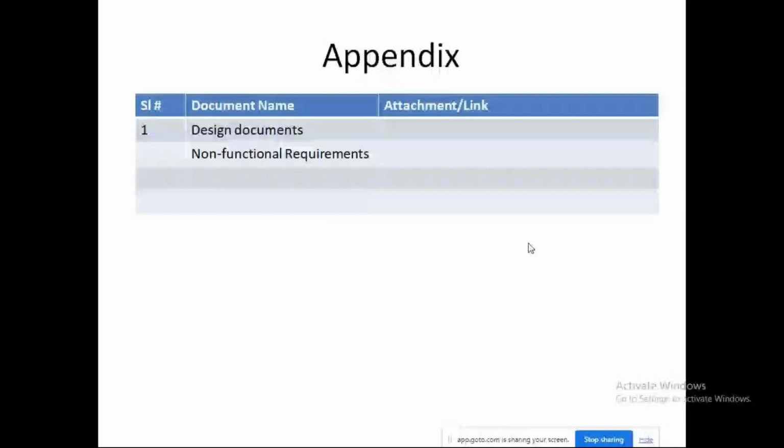However, if there is any template in your project, please follow the project template for documentation. Any queries, anyone? With this, we come to the end of test strategy documentation.